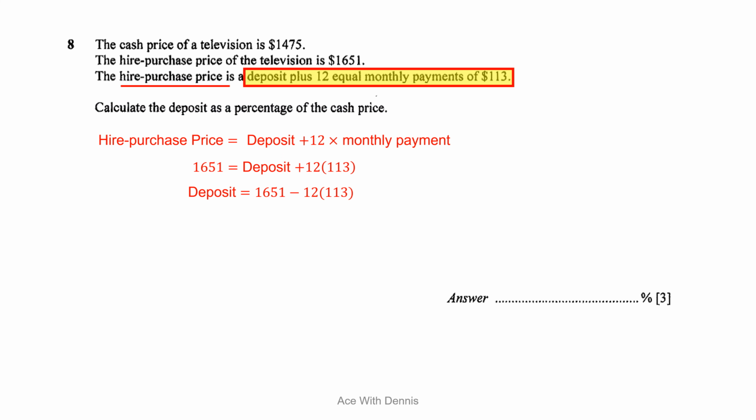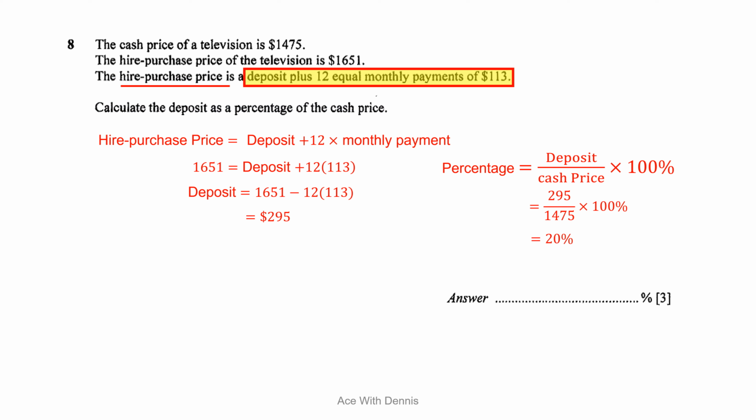So the deposit will be 1,651 minus 12 times 113, which is $295. So the deposit as a percentage of the cash price will be deposit divided by cash price times 100%. Substitute the value, 295 over 1,475 times 100%, and the answer is 20%.